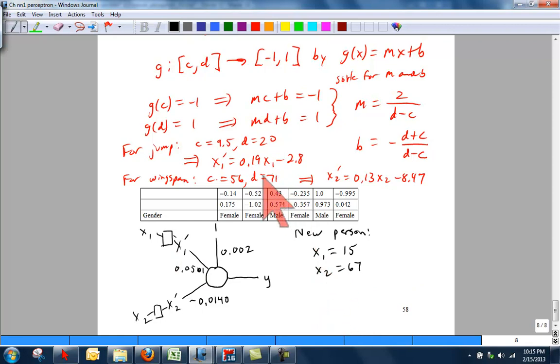If I use this first equation, I can find that x1 prime is about 0.048, and that x2 prime is about 0.4644.